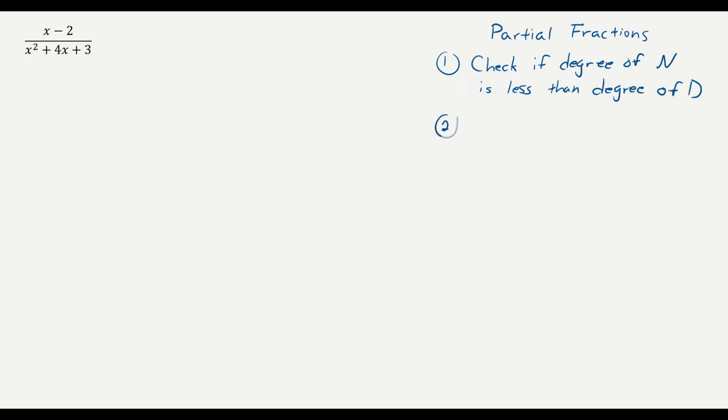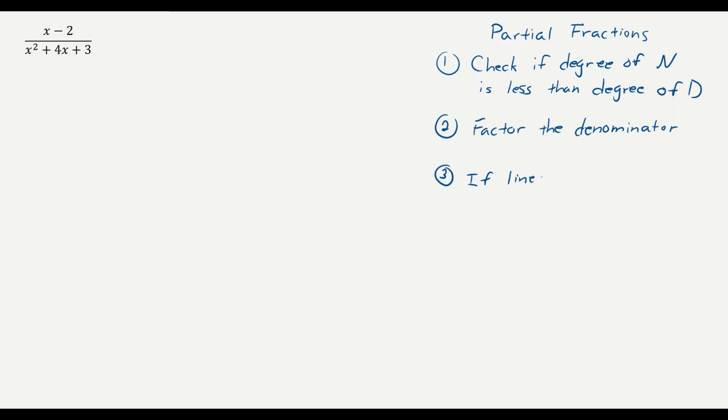Now after you check that, real quick check, you then factor the denominator, because the factors that are left over are what you're going to split it up into two fractions with. Now you write the partial fraction decomposition.